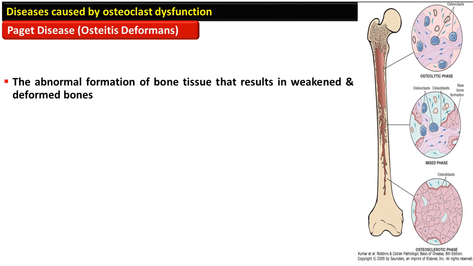This abnormal formation of bone tissue results in weakened and deformed bone. Though there is an increase in total bone mass, the bone is deposited irregularly and not in normal fashion, so it does not serve its basic function of structural support and becomes a deformed bone.